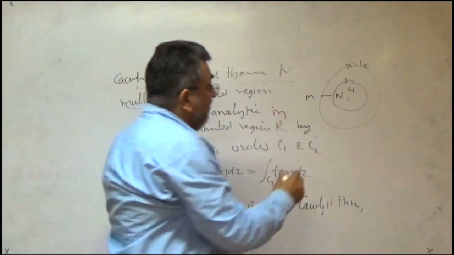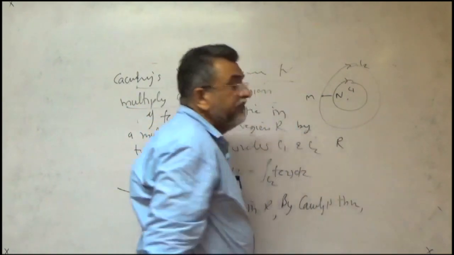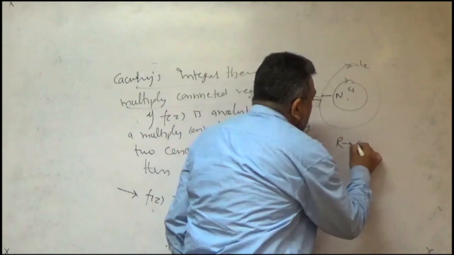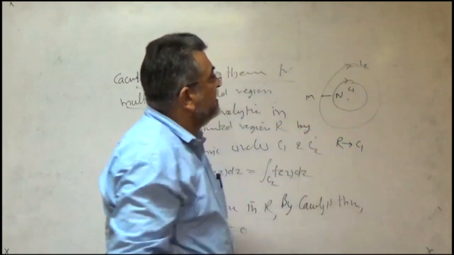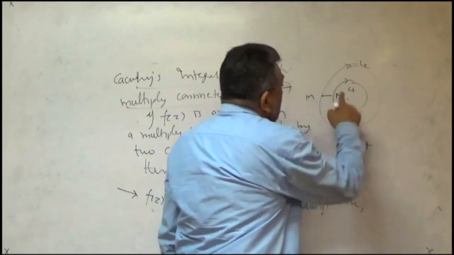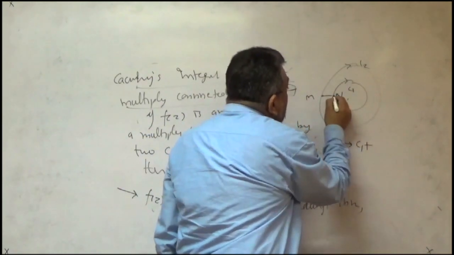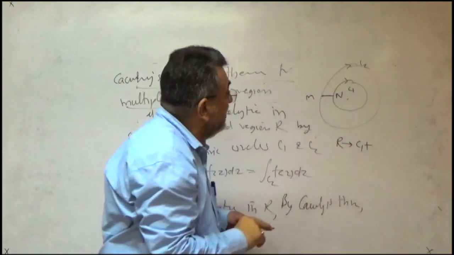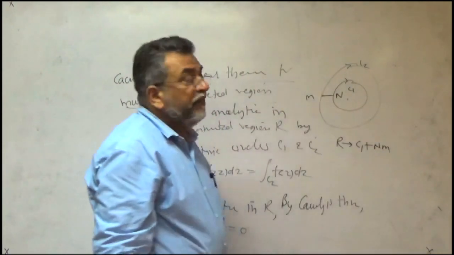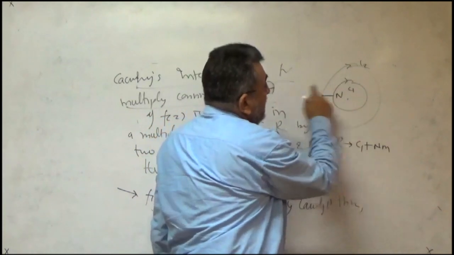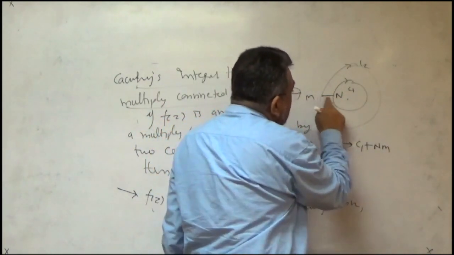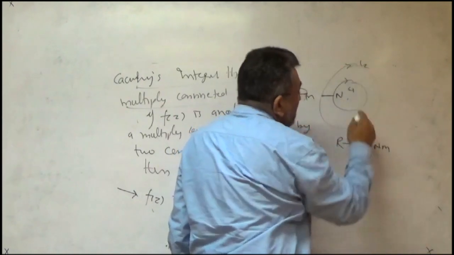Now, what is the boundary of R? By the figure, if we start with C1, taken clockwise, and after completing this circle we take the cut, then this is NM. So C1, then NM, then again from here MN, and then C2.